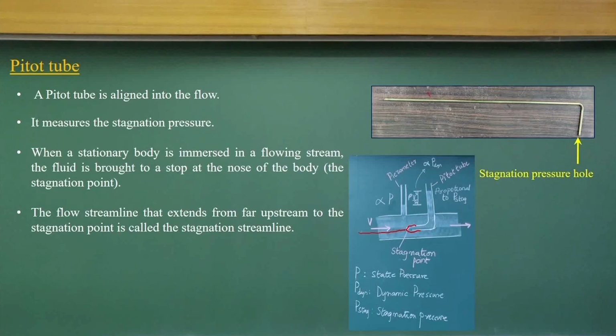This is what the pitot tube is, not a big instrument. This is a small tube, inclined here. So there is a pressure hole, and this is the pressure hole to measure it.